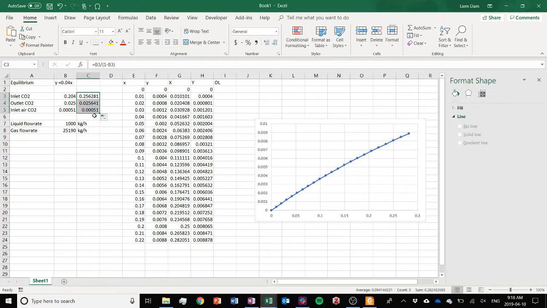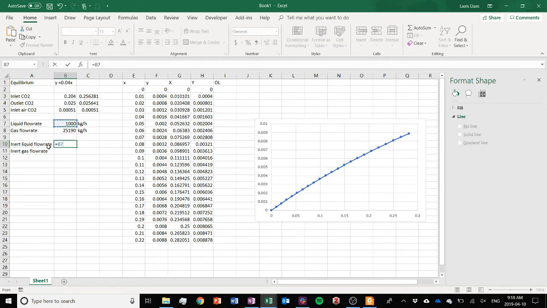And to also calculate the operating line, remember that when working with weight ratios, we're interested in the inert flow rate, not the total flow rate. So we're going to need to calculate the inert liquid flow rate and the inert gas flow rate. And calculating this is pretty straightforward.